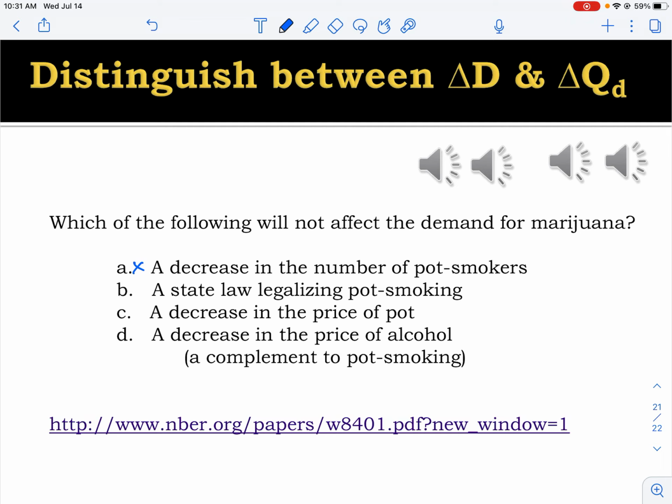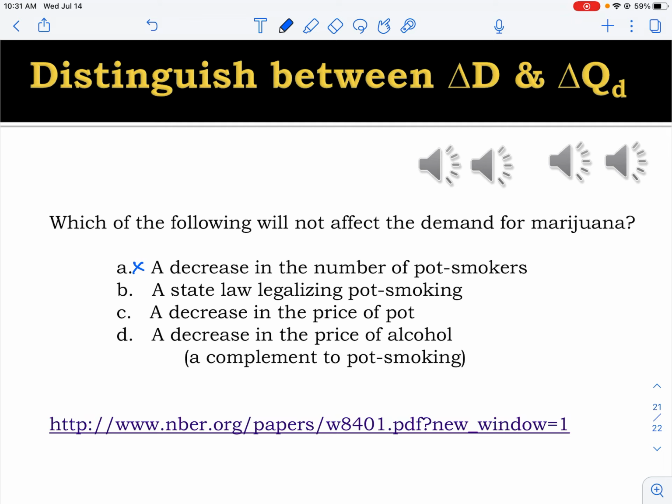A state law legalizing pot smoking. Well, this is where the intuition comes in. If a state legalizes pot smoking, what if the federal government legalizes pot smoking? You could call that an outside force, or a change in taste and preferences, however you want to think about it. That list is just to help you organize your thoughts and understand the intuition.